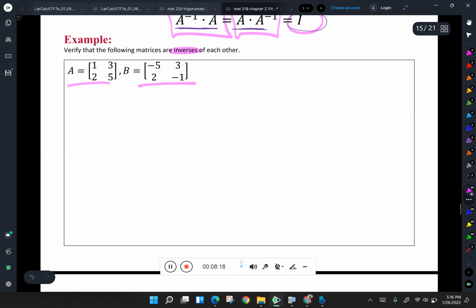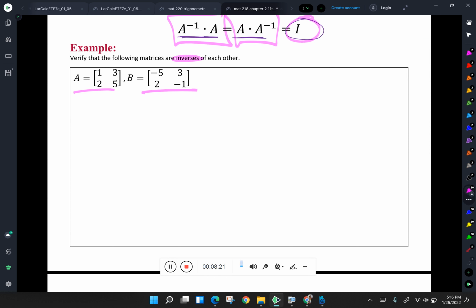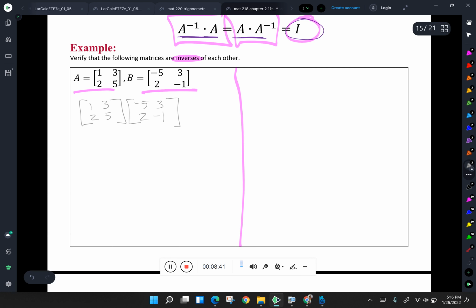Now I got a bunch of space here, so I'm actually going to do this one by hand, but you absolutely could perform this multiplication on the calculator. I'm just going to do this one by hand because sometimes it's just fun to do these by hand. So there's my A, there's my B. I'm going to do A times B first. Okay, so this is going to be A times B, and then over here I'll do B times A.